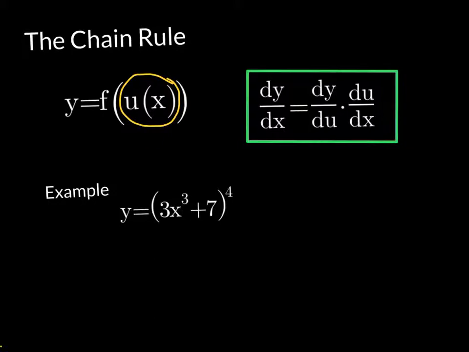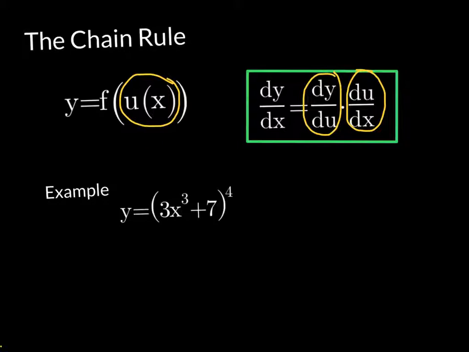So if we want to differentiate this entire expression, and we want to find dy by dx, then the differential dy by dx is equal to the differential of the external function multiplied by the differential of the internal function with respect to x. Okay, so to understand what I mean here, let's look at an example.